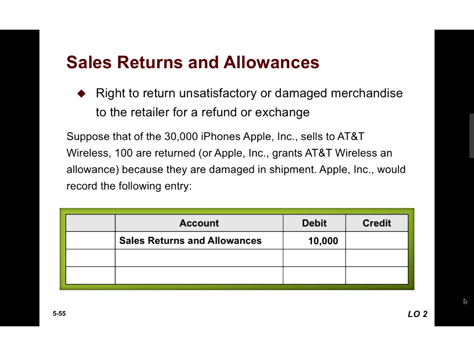So we're going to have sales returns and allowances, $10,000. We take the total of what's being returned and put it in sales returns and allowances, which is again a contra sales account, and it's going to be crediting accounts receivable because AT&T doesn't owe Apple for the phones that are returned.